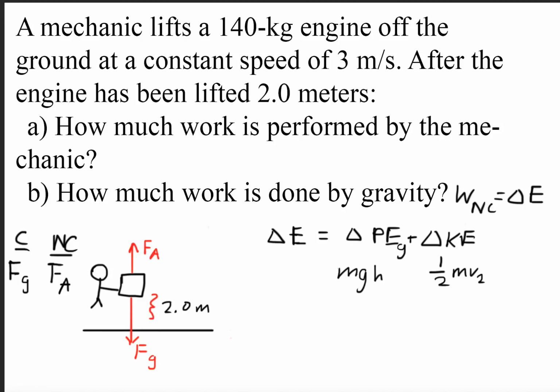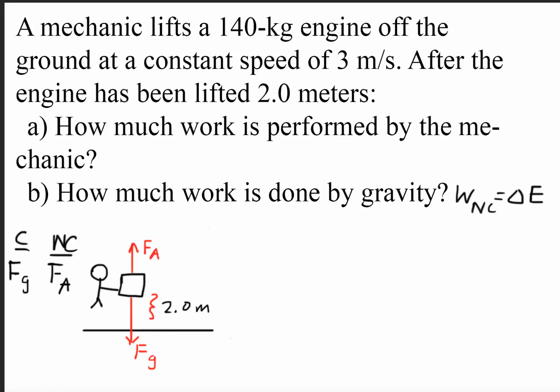So let's start plugging in the values for this. So we said the work of the applied force is equal to our delta E value, which is equal to our change in gravitational potential energy plus our change in kinetic energy.